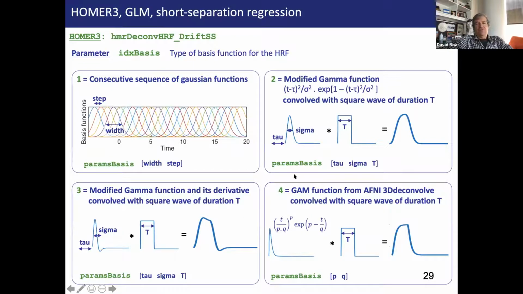So these are all various canonical HRFs that have been described in the literature over the last 30 years for fMRI, and so these are included in Homer as well. But you do have to set these parameters of tau and sigma that set the shape of your HRF. And so you need to have some knowledge of what to use for those parameters.